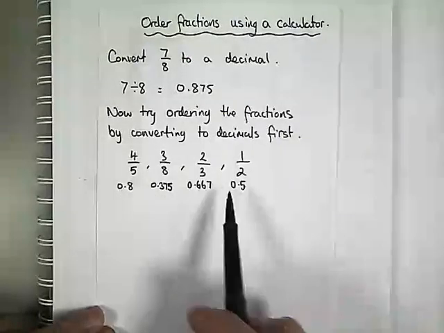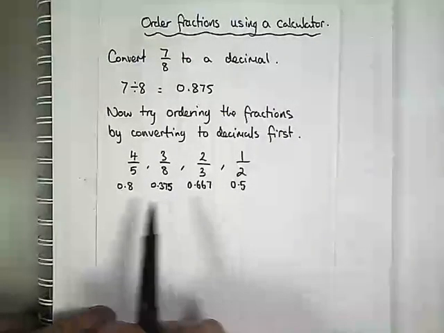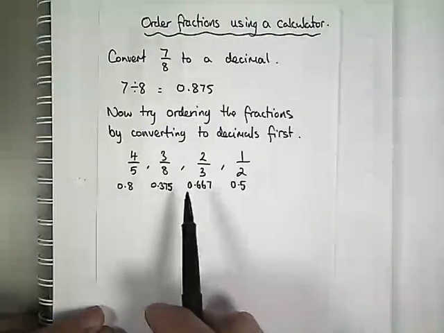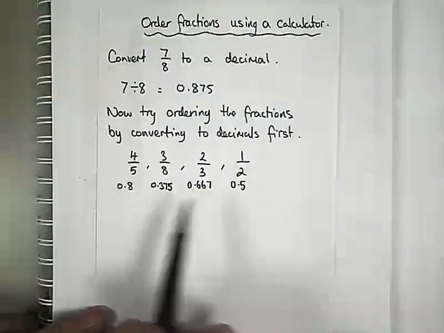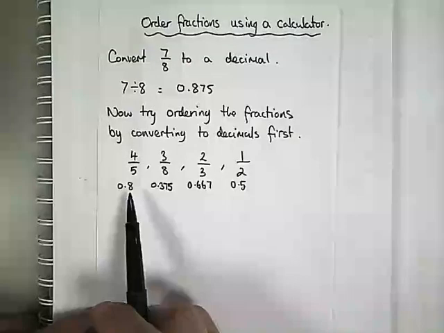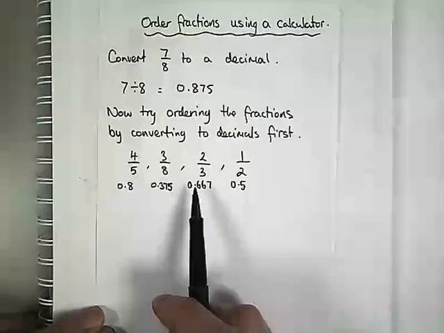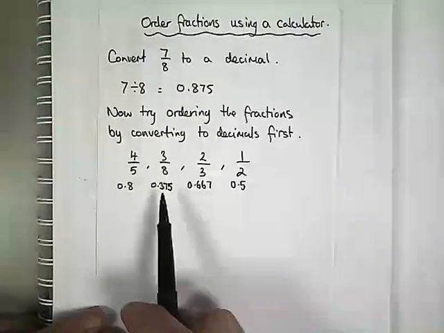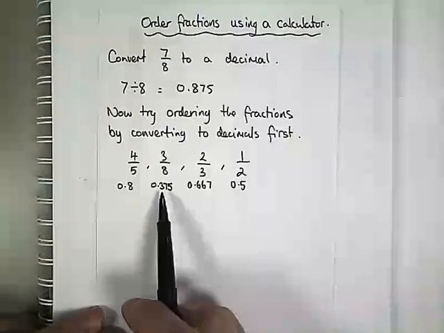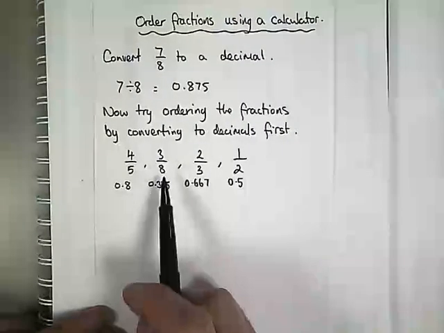So if I was just judging by that first unit number, I couldn't say which was biggest and which was smallest. So I go to the tenths column, and the smallest number will be the smallest fraction. So I've got an 8, a 3, a 6, and a 5. So the smallest number there was a 3, so the smallest fraction must be my 3/8.